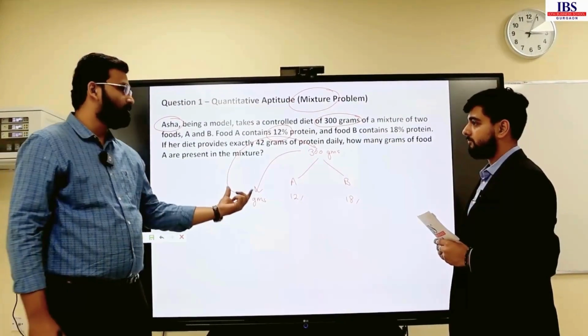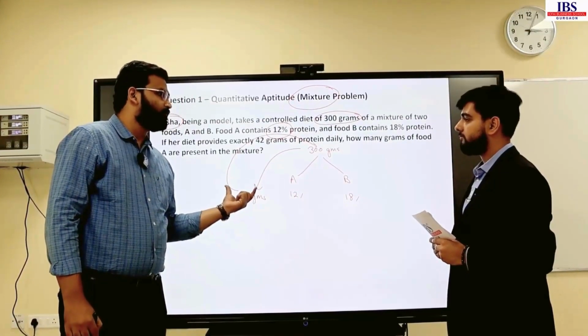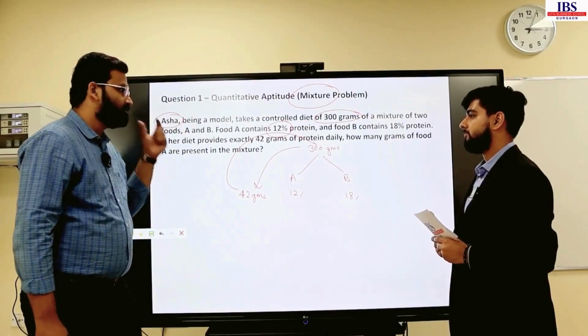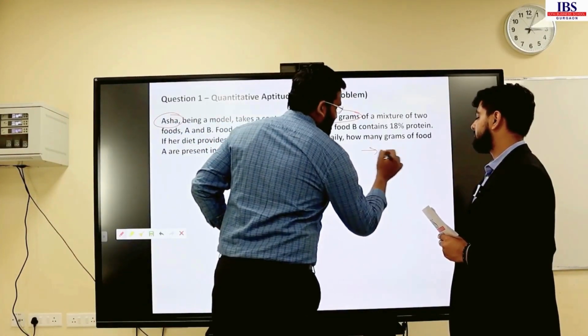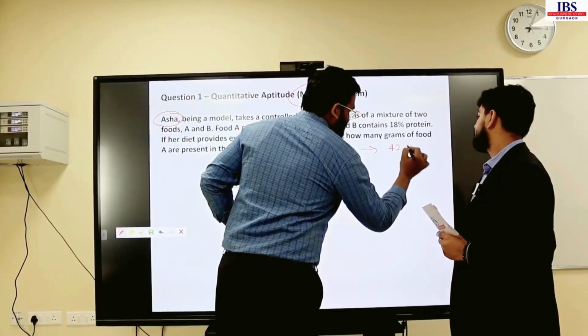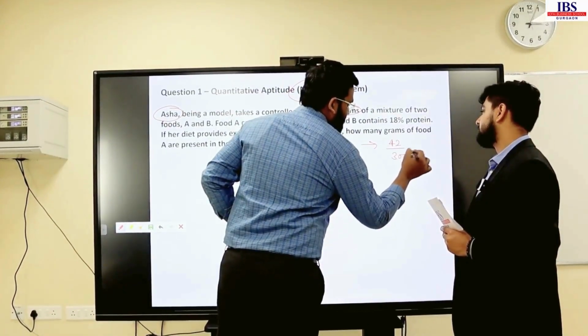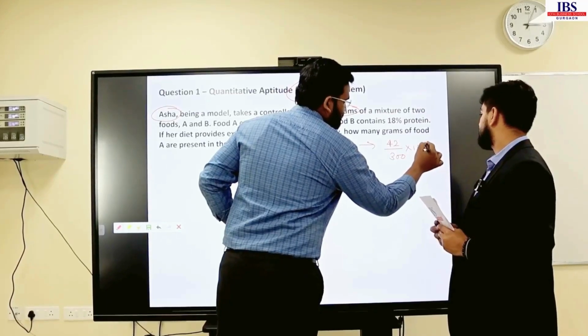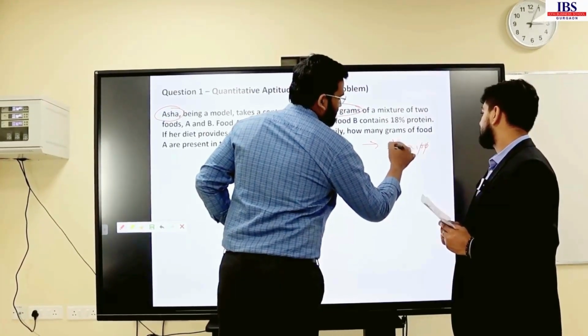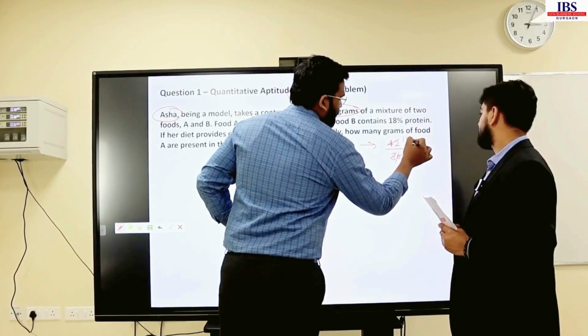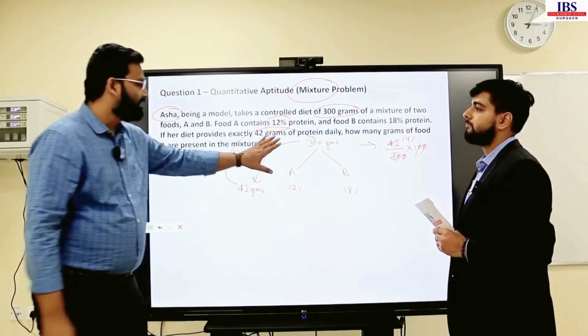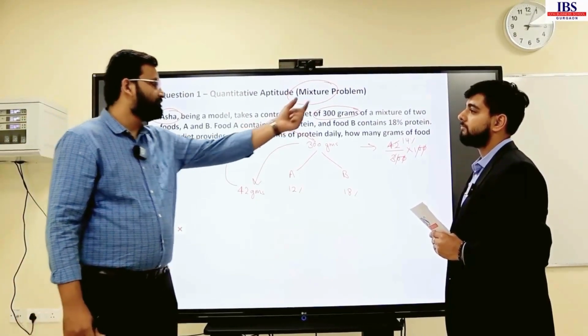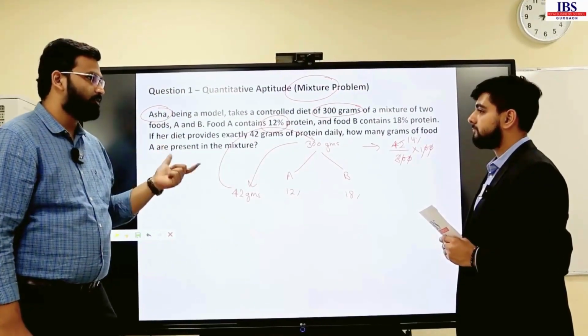So first of all, let's calculate what percentage of protein per day Asha needs. We have to calculate the percentage of this 42 gram protein out of 300. So it will be 14%. It means that the required protein intake out of 300 gram for Asha is 14%.